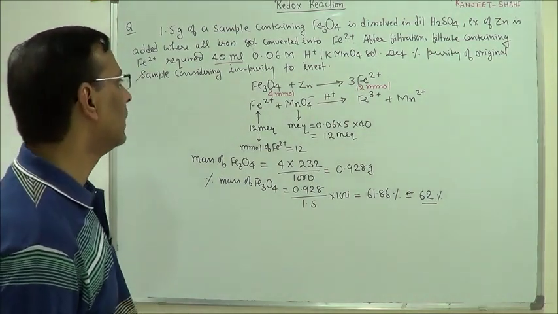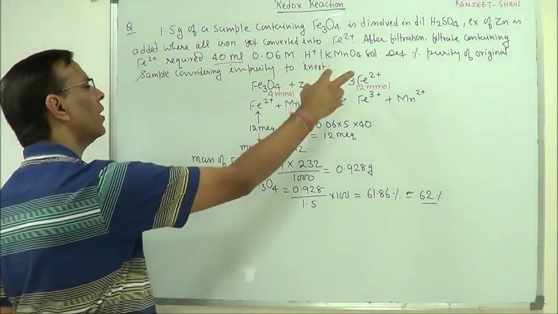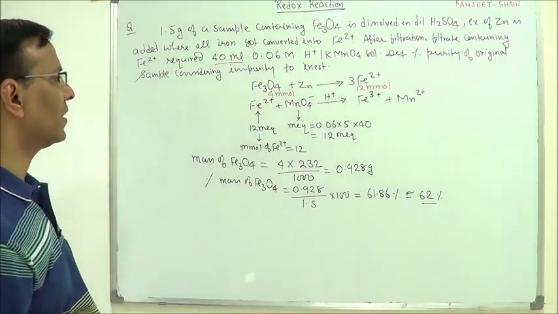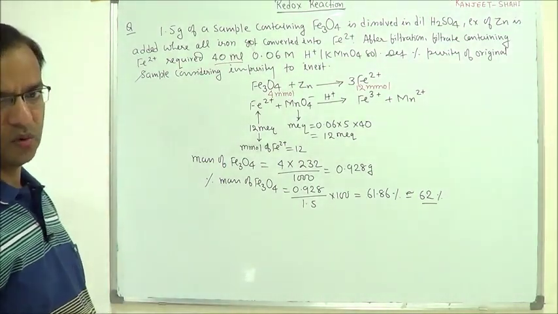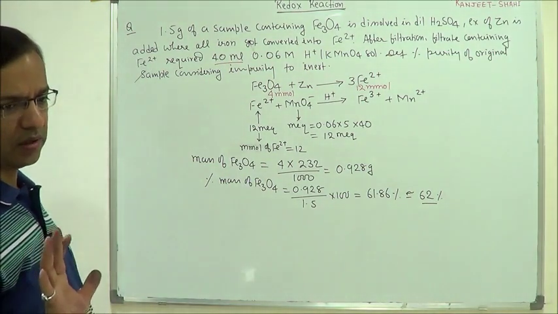The reason being, milliequivalent of one reaction cannot be directly transferred into another reaction, because usually n factors differ from reaction to reaction, and concepts of equivalence are related to n factor.